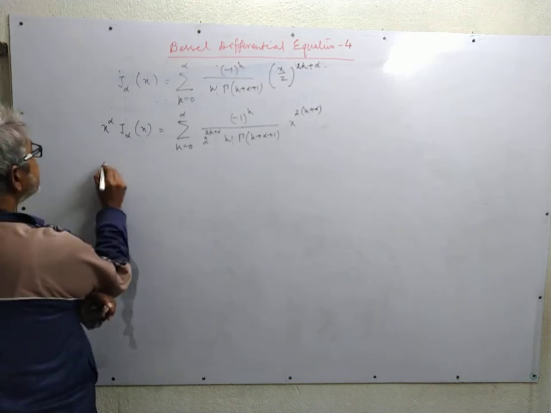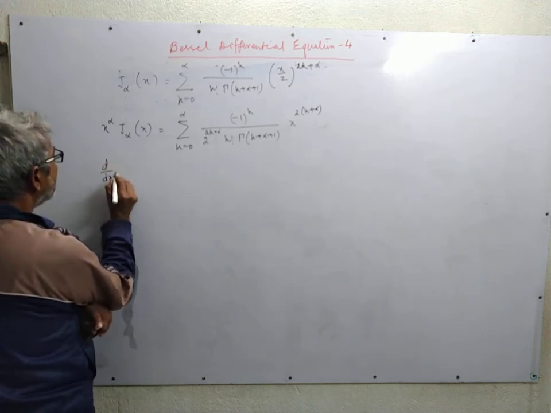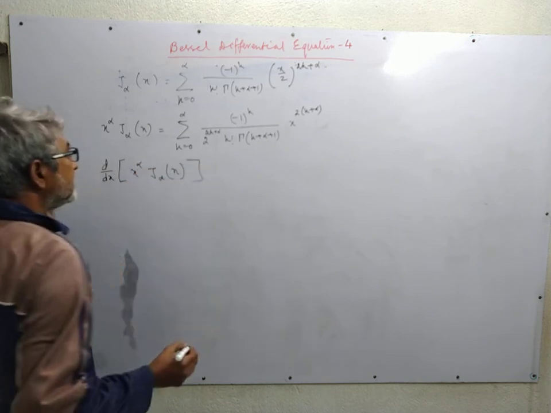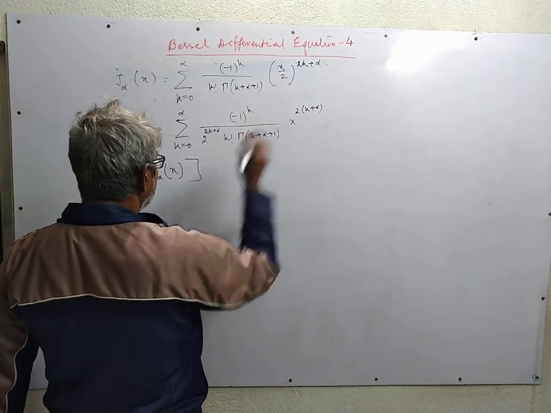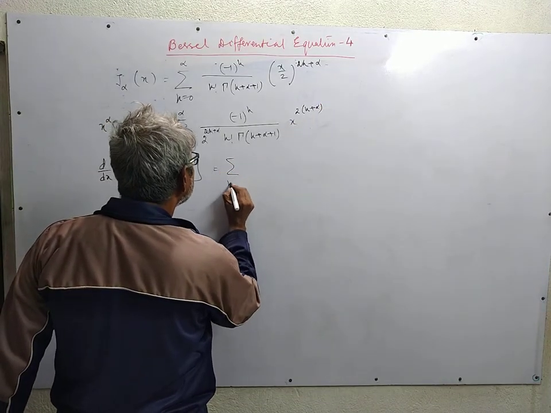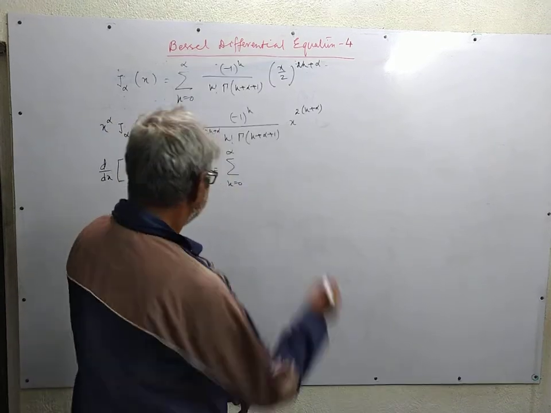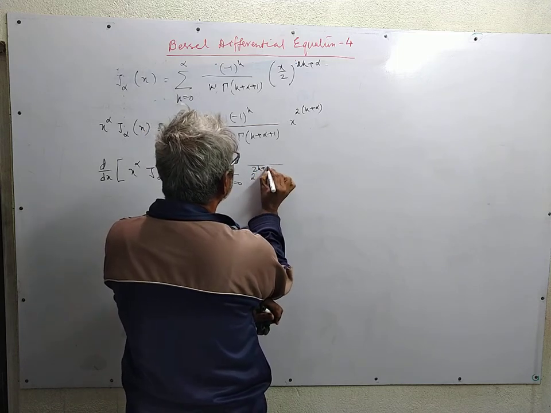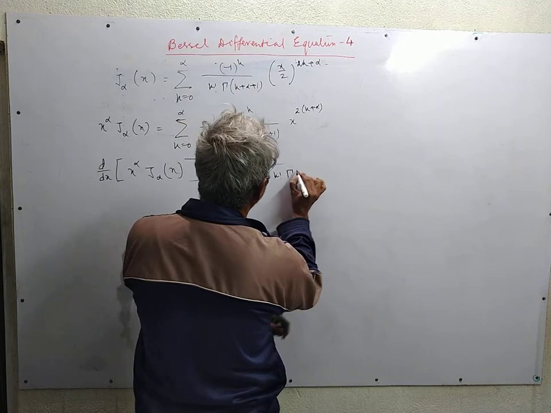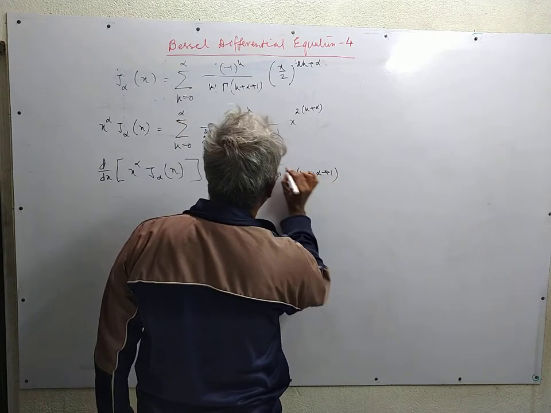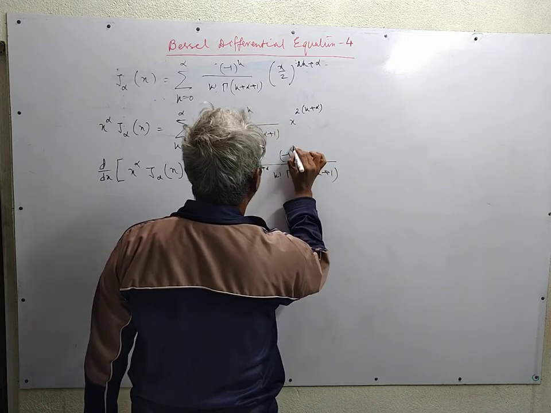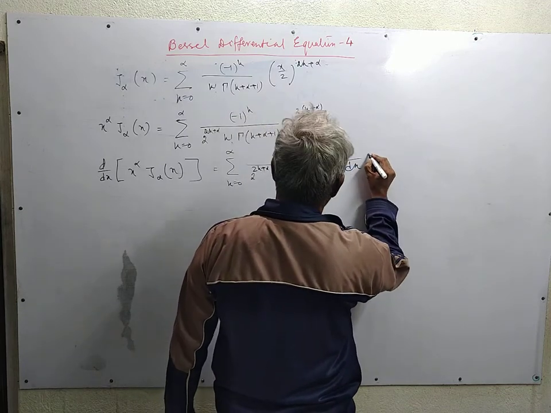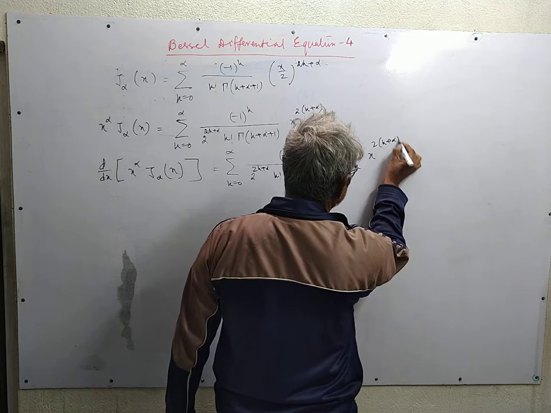When we differentiate this, the differential operator operates only on this part, so this is summation over k is equal to 0 to infinity, and we have d dx of x to the power 2k plus 2 alpha.